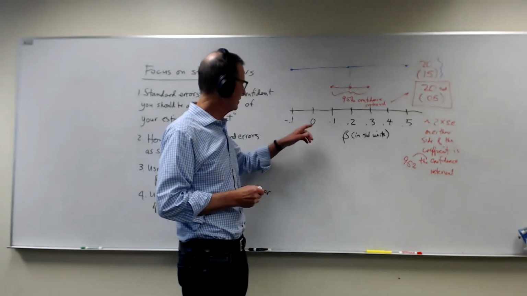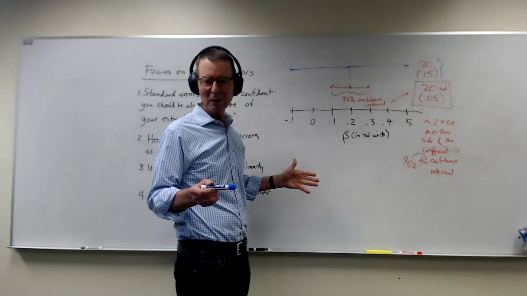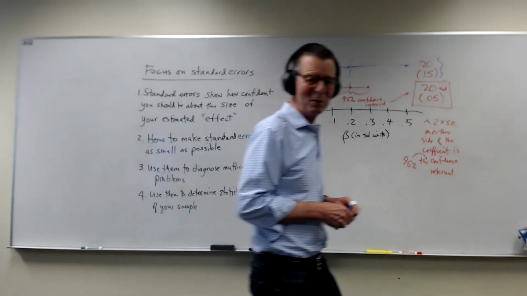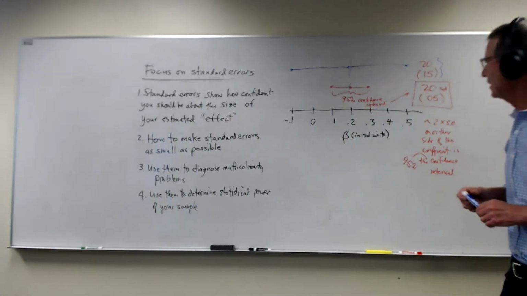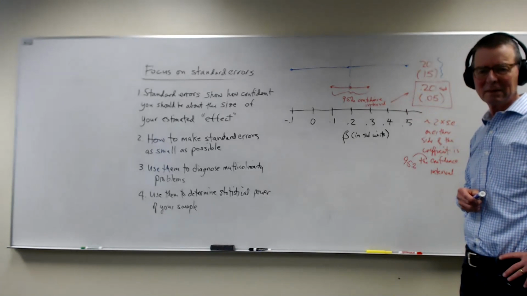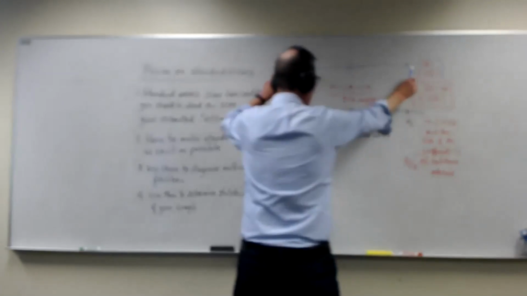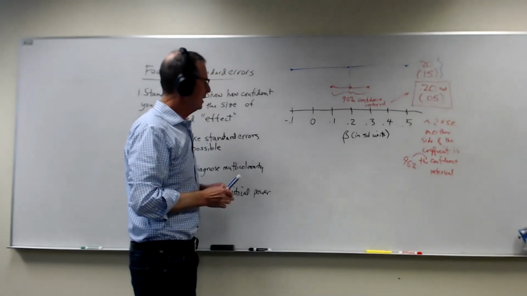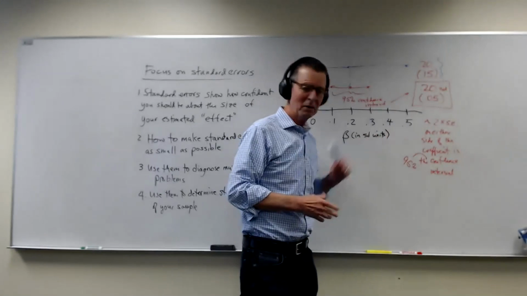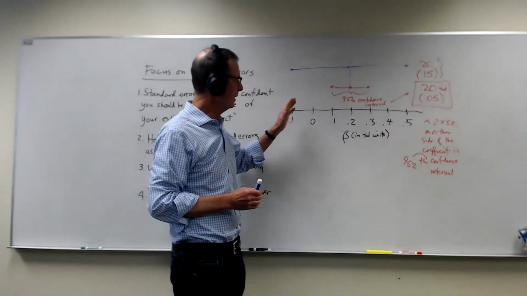You can't reject that it's different from 0, therefore your best guess is that it's 0. But that's not right. Your best guess is that the effect size is 0.2. That's the estimated effect size, right? You just can't be that confident that it's 0.2, but you're equally unsure about whether it's as low as minus 0.1 or as high as 0.5, right? So the best guess is 0.2.